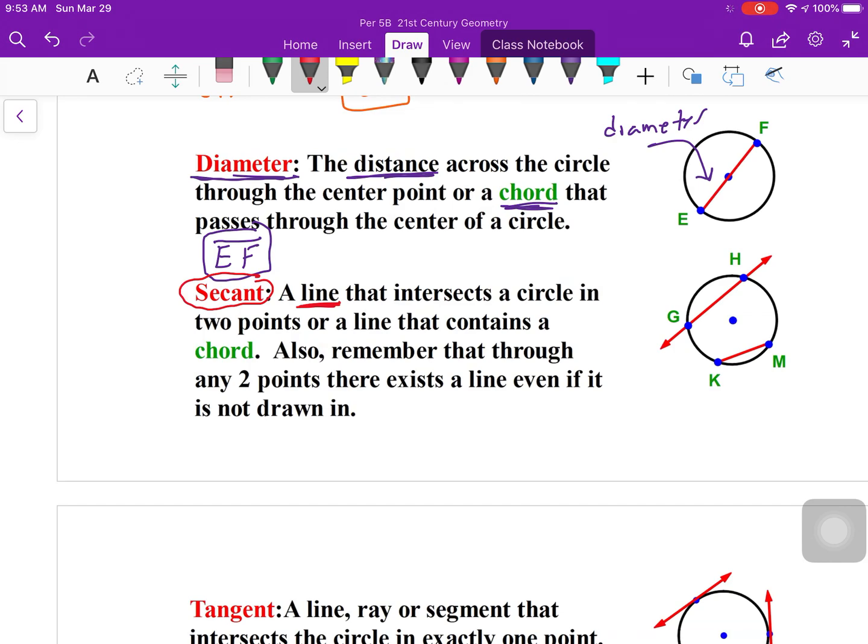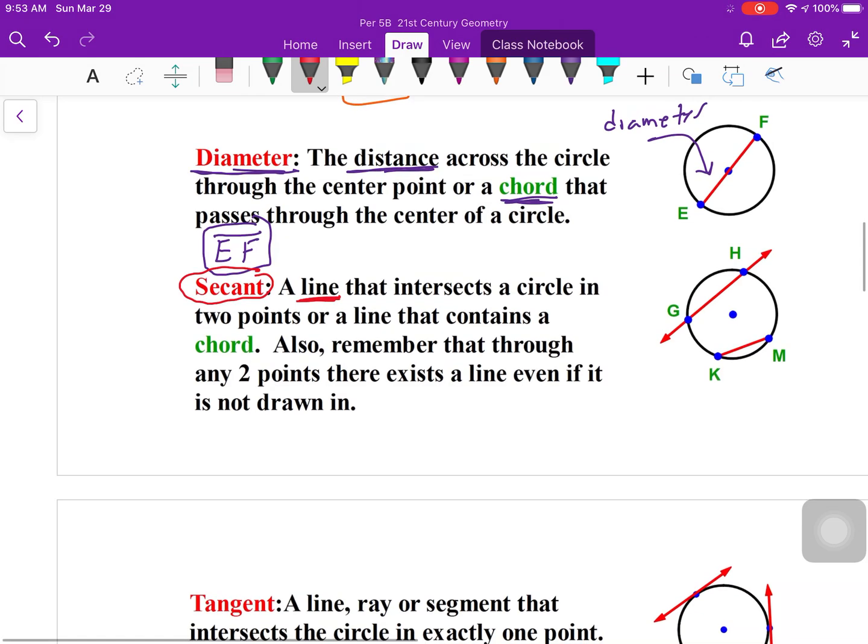And remember that through any 2 points, there's always going to be a line, even if it isn't drawn. So if you look at our diagram over here, there would be another secant that would go through G and K, just like this. Now that one isn't there, so I'm going to take that off so it doesn't clutter up the diagram. But there would be one that we could draw there.